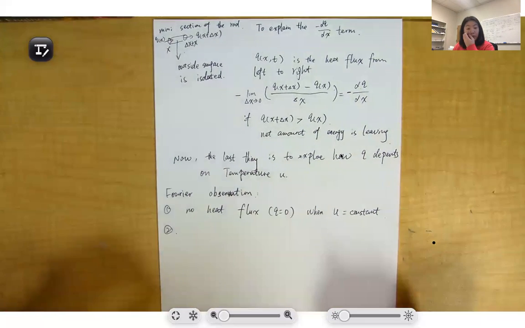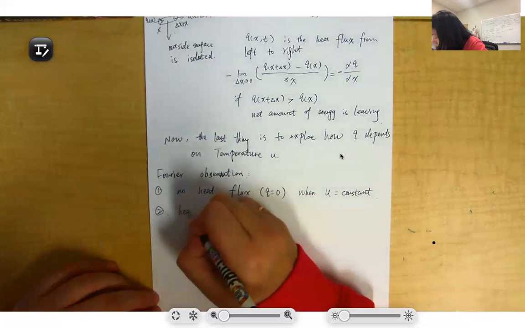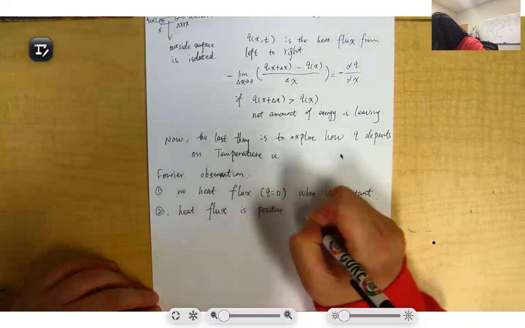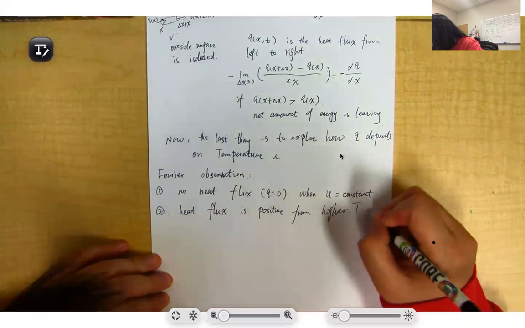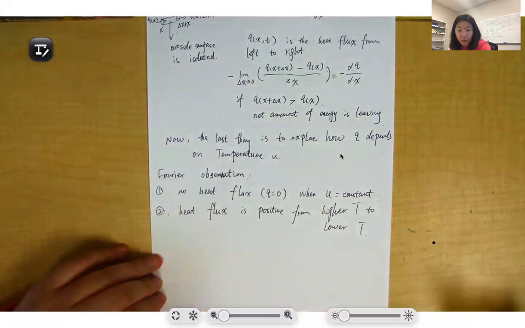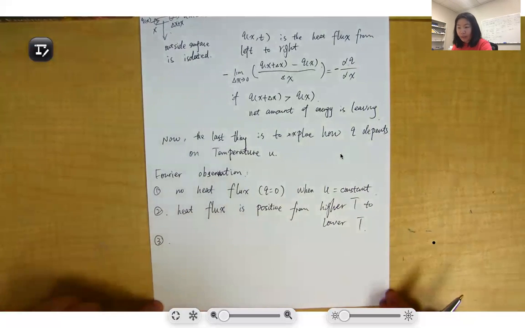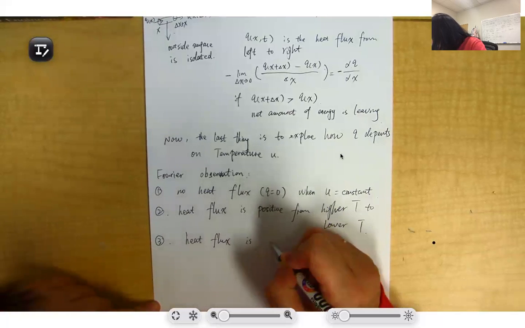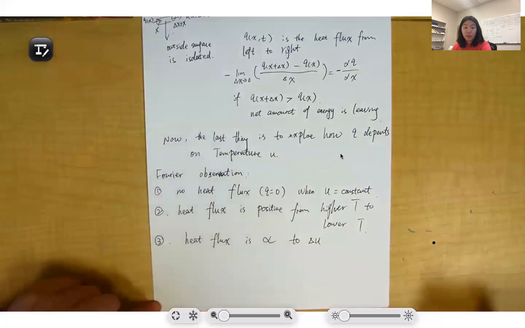Then the second observation is what? The second observation is that the heat flux is positive from higher temperature to lower temperature. What is the third observation? The third observation is that the heat flux is proportional to the difference of the temperature.